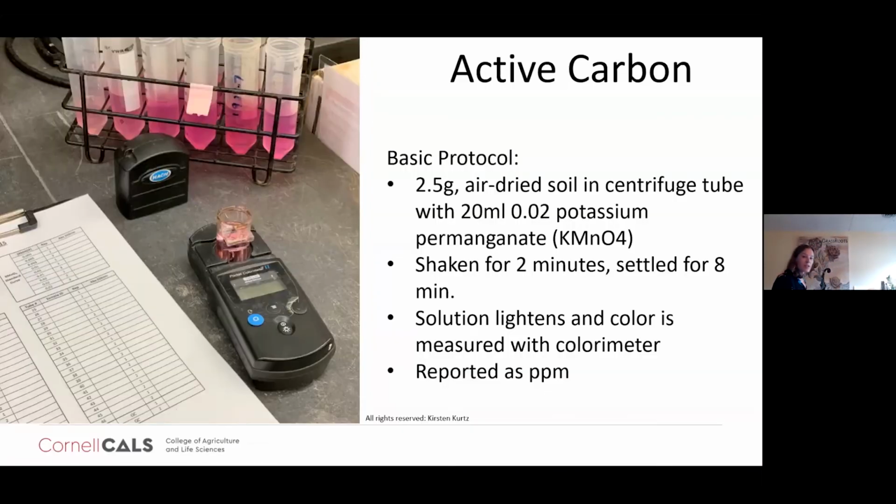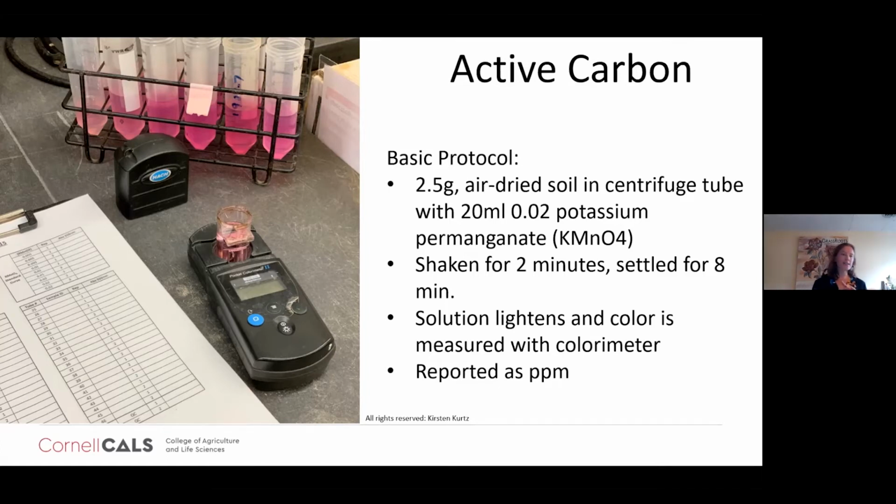The way that we measure this in our lab is, again, we take a known weight of air-dried soil and we put it in with 20 mils of potassium permanganate. We shake this for 2 minutes, we let it settle for 8 minutes, we then stop the reaction. The way that this test works is that the more active carbon you have in your soil, it actually bleaches out.